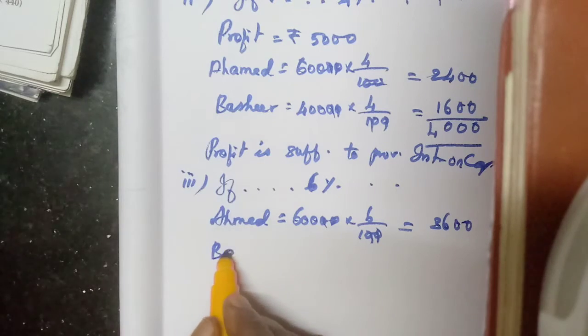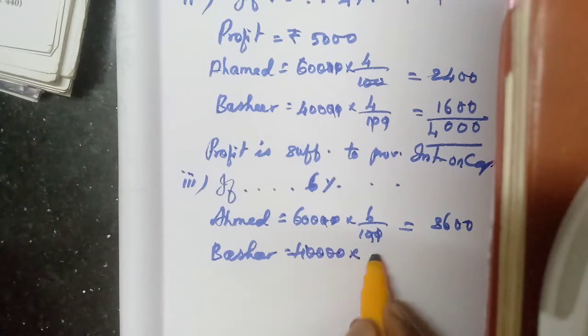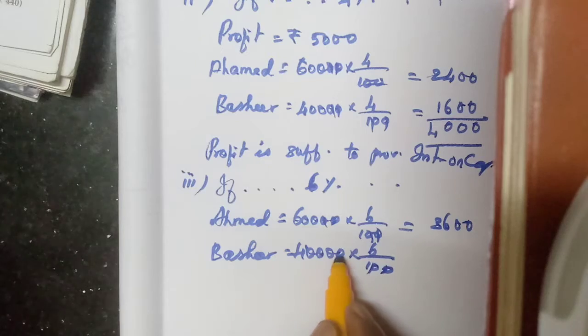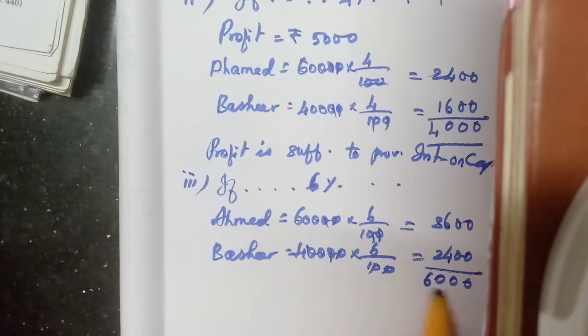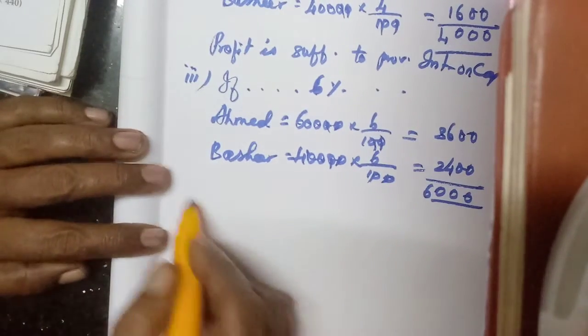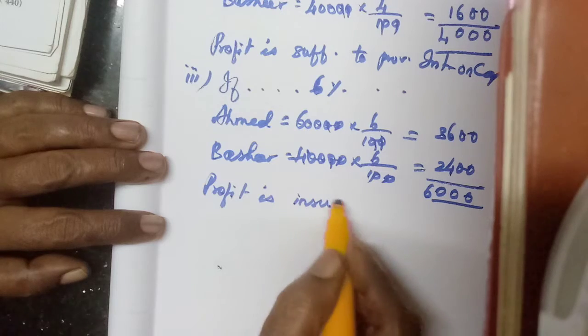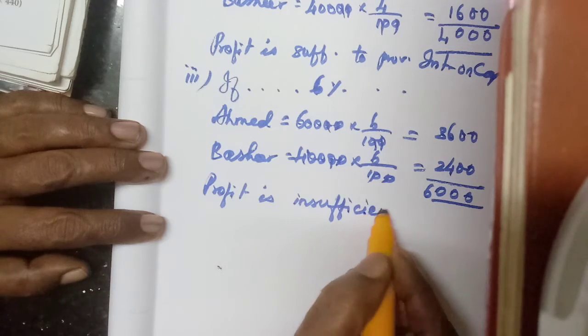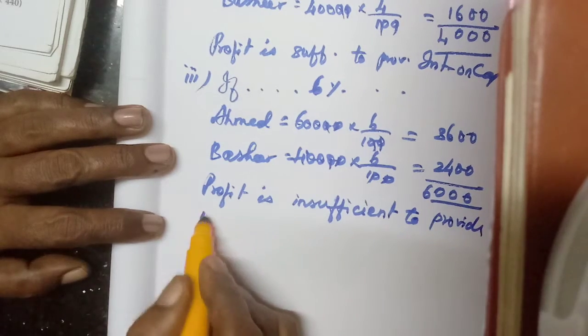Then Bashir, 40,000 into 6 by 100. 20, 4, 6, 24. Add and find out 6,000. But we have only 5,000. Okay, profit is insufficient. Profit is insufficient to provide interest on capital.